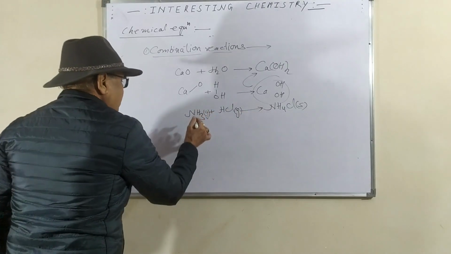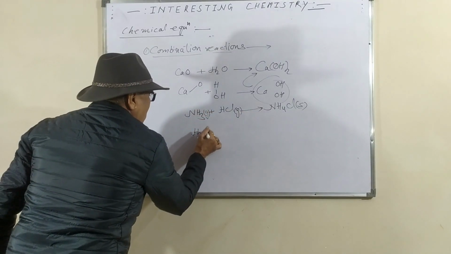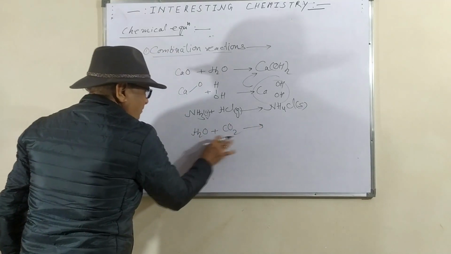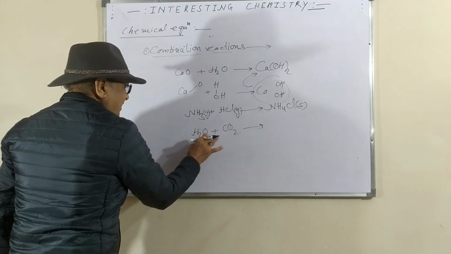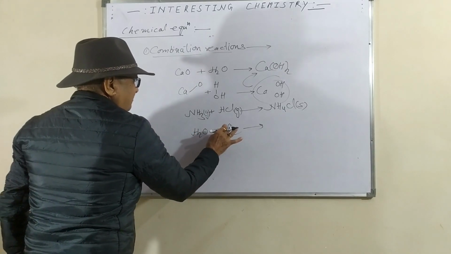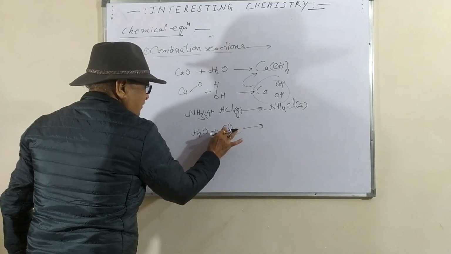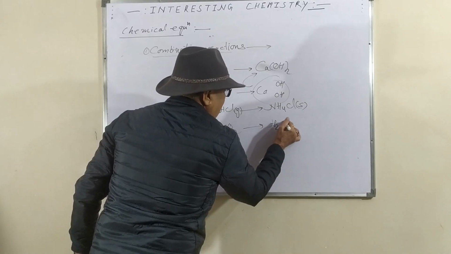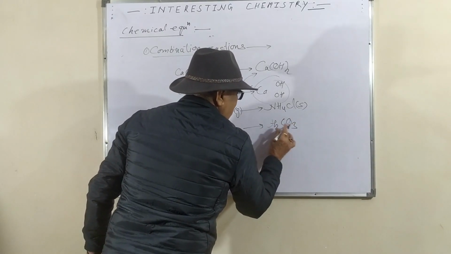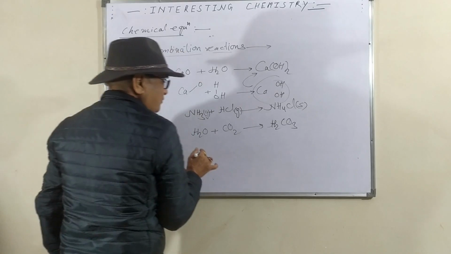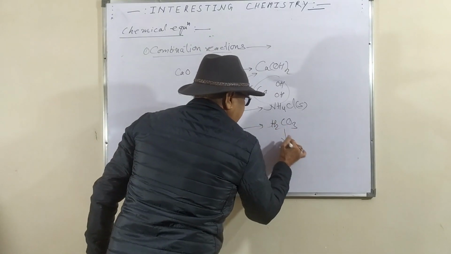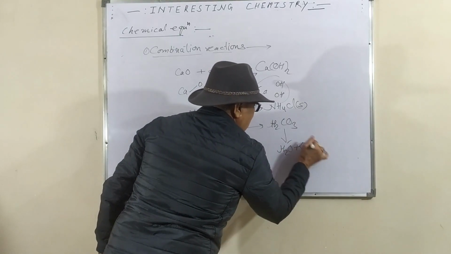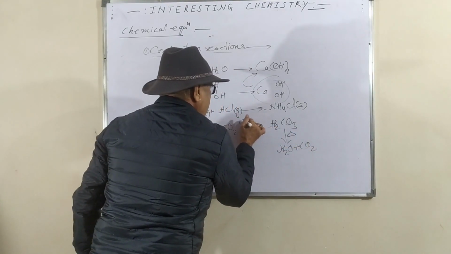In the same way, when carbon dioxide is passed through H2O, carbonic acid H2CO3 will be formed. It can again dissociate into H2O plus CO2 on heating, and it forms on cold.